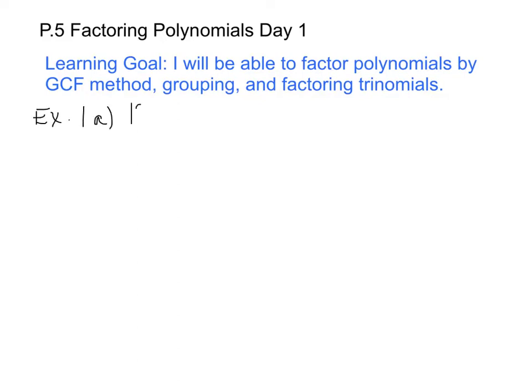So this is my polynomial, and all you're doing is trying to find out what term they have in common. And so for this one, it would be 9x squared, and if I divide both of these terms by 9x squared, I'm going to get 2x plus 3.